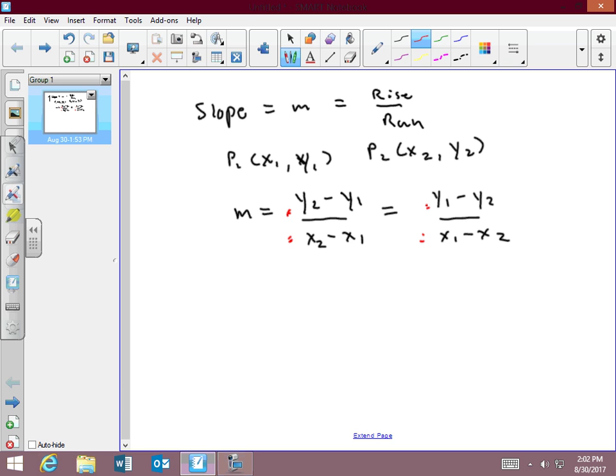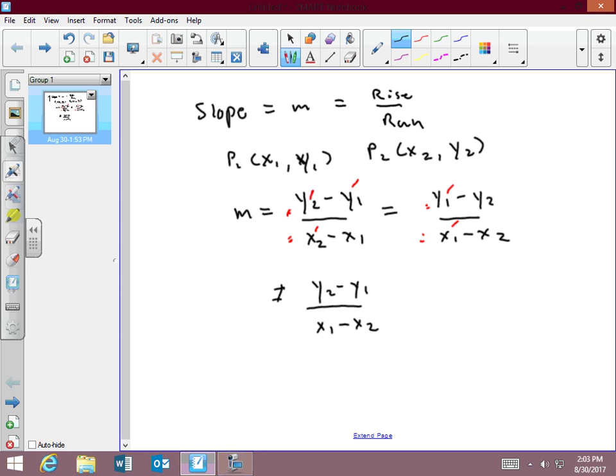It will work out no matter which ordered pair you put in the first position and which ordered pair you put in second. But you must notice that if you put y2 in the first position, you must put x2 in the first position. If you put y1, you must put x1. Because if you do it this way, it would be incorrect. You did y2 minus y1, and then put x1 minus x2.